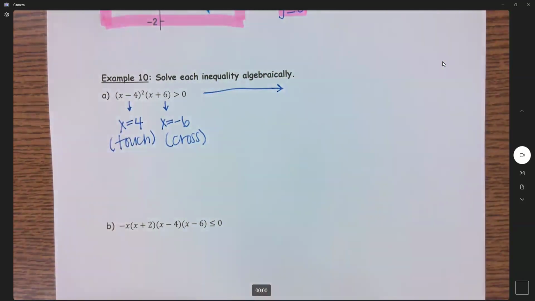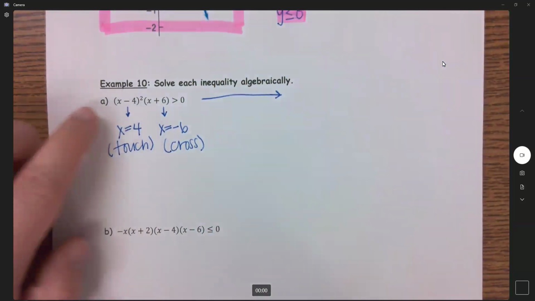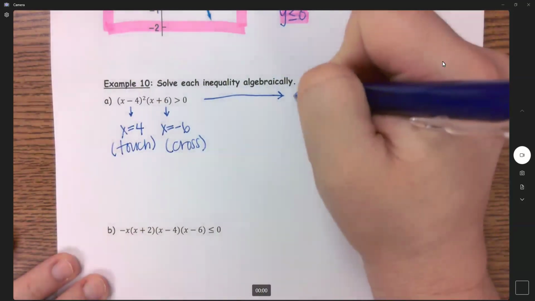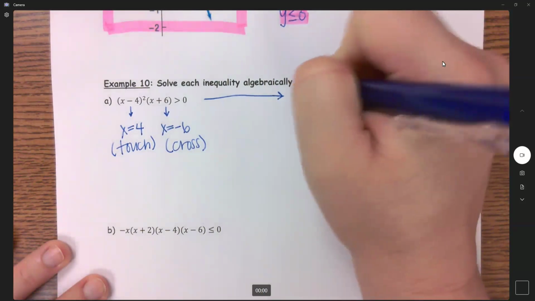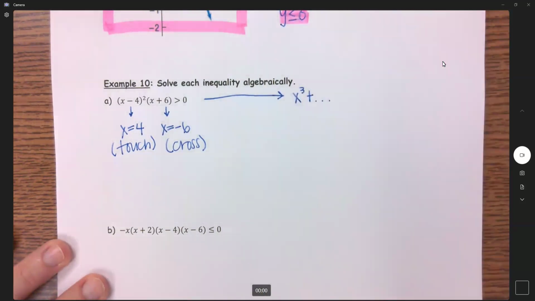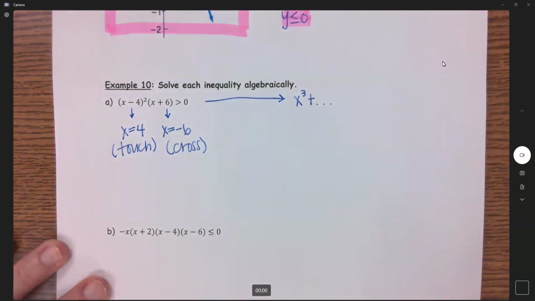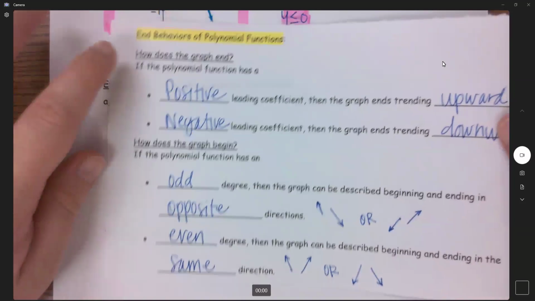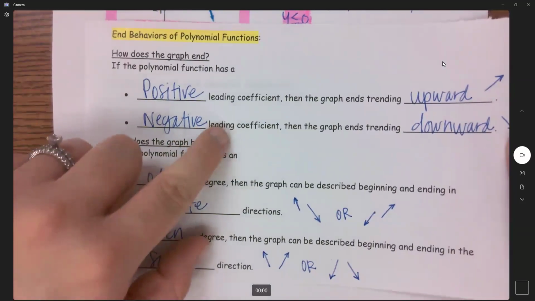If I was to multiply all of this out, we have 2 x's here, 1 x here. We would get x cubed and then plus some stuff behind it, right? So let's look at how it ends and then how it begins. To figure out how it ends, we need to look at that leading coefficient.